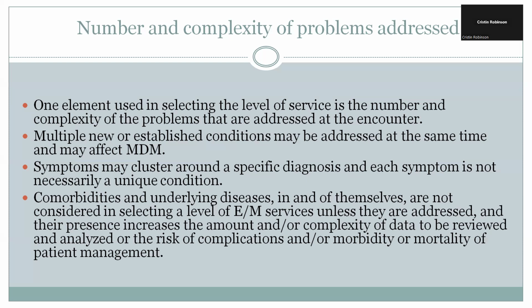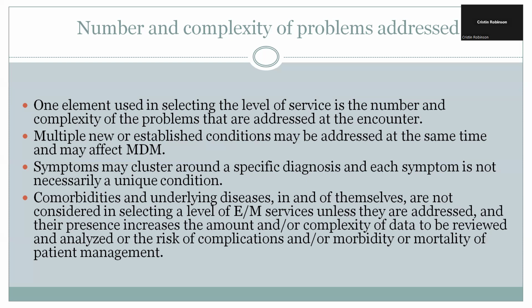And what this is saying is that the patient being seen may have a laundry list of chronic diagnoses that they are followed by many providers for. But in this particular instance, this specific provider is only seeing them for, say, 4 or 5 of these with a comorbidity of a couple different chronic diseases.